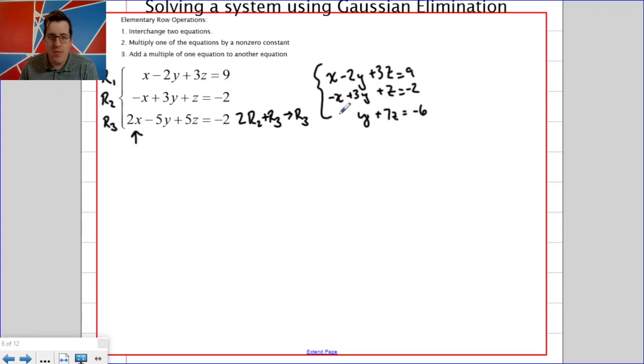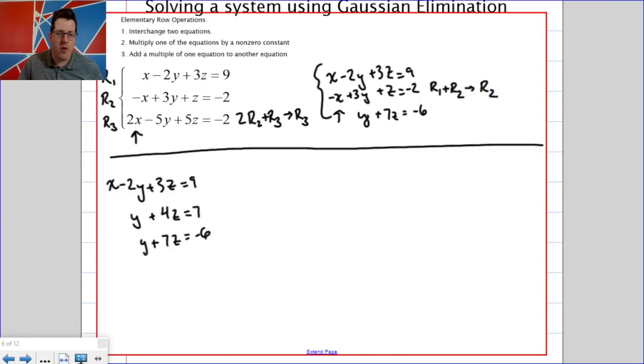And I now have no x's in this bottom left. The next thing I'm going to try and eliminate is the middle left. So I can do that by adding row 1 plus row 2. And I'm going to put that in row 2.